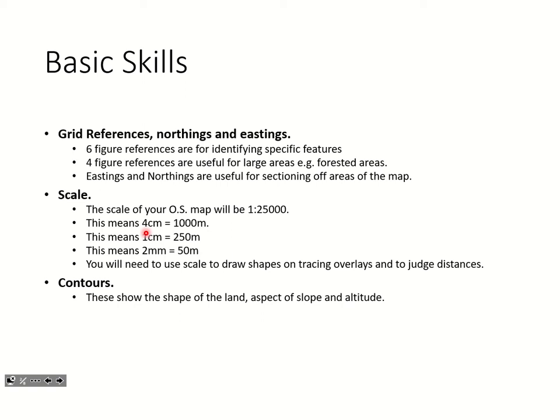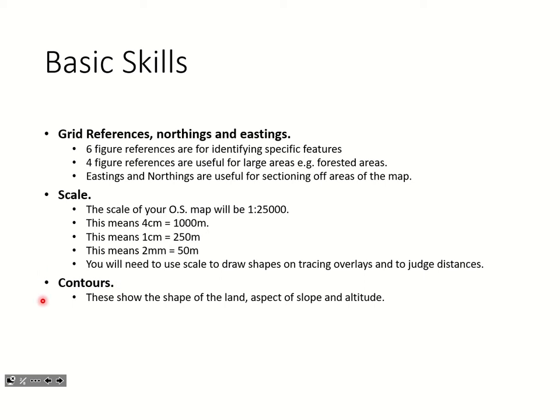Each box on the map is 1,000 meters across, or a kilometer. That is equivalent to 4 centimeters. Therefore, the following statements must be true. And by learning these conversions, you can more quickly draw shapes on tracing overlays and judge distances accurately. So these conversions are absolutely crucial.